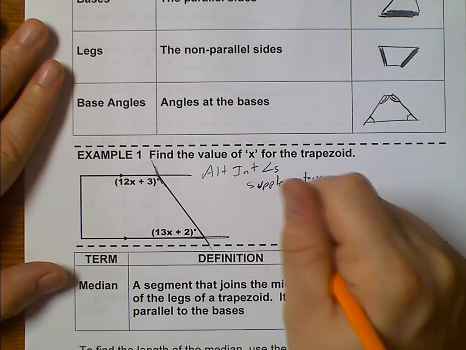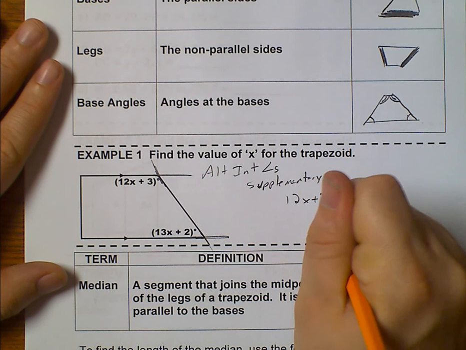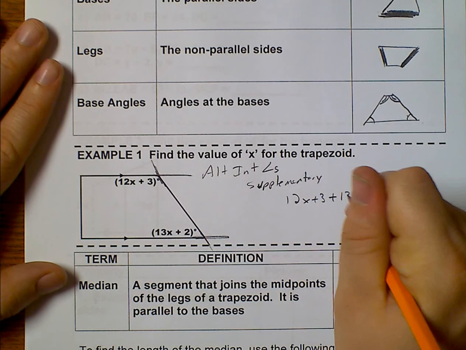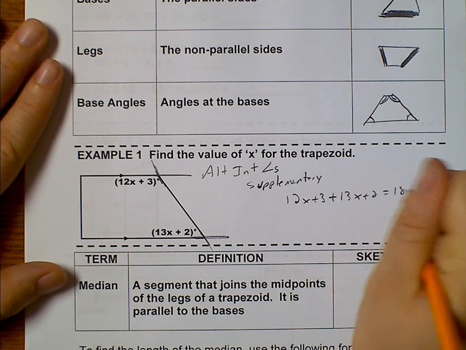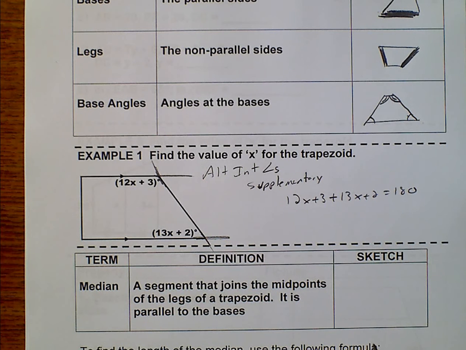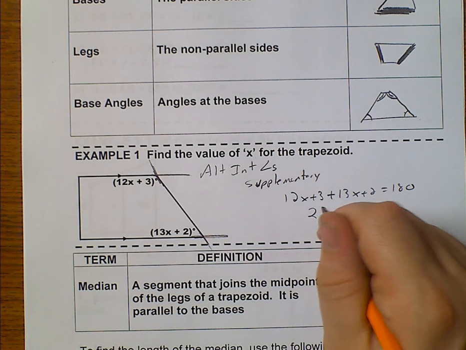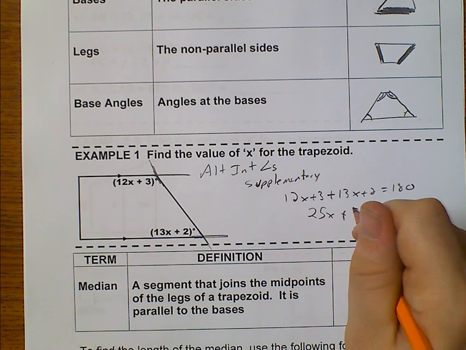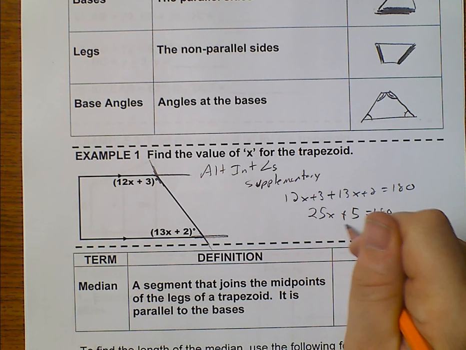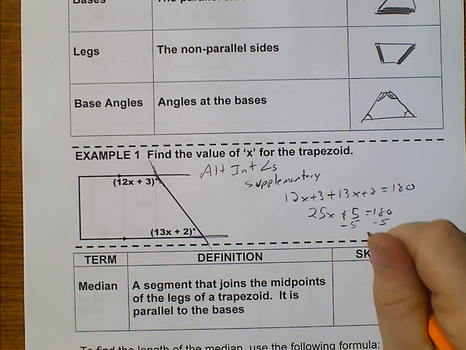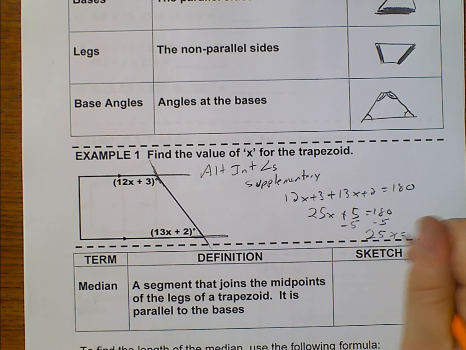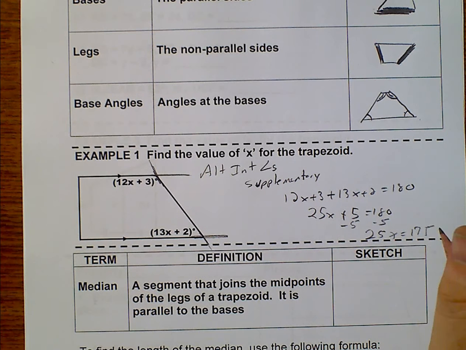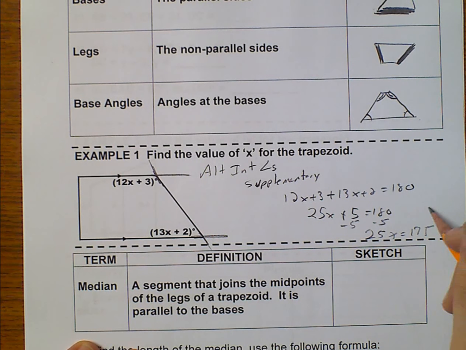So 12x plus 3 plus 13x plus 2 must equal 180. Well, 12 plus 13 is 25x. 3 plus 2 makes 5. That equals 180. So we subtract 5, we get that 25x equals 175. And 175 divided by 25 gives me that x equals 7.